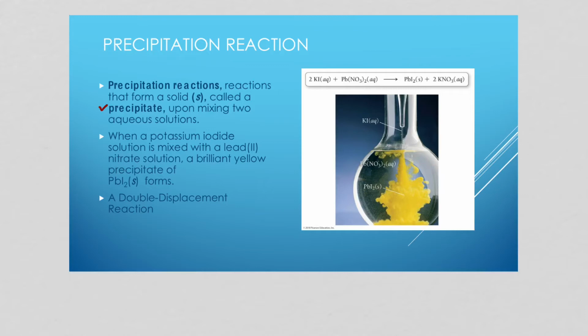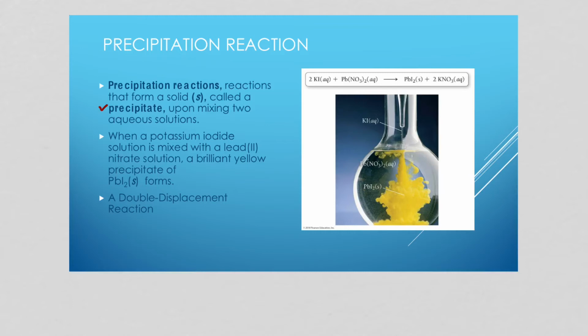So we have these two reactants, these two aqueous solutions, we mix them together and they form a solid. That solid is called a precipitate, and these are called precipitation reactions. Remember, forming a solid is one sign of a chemical reaction that we talked about a little bit earlier.